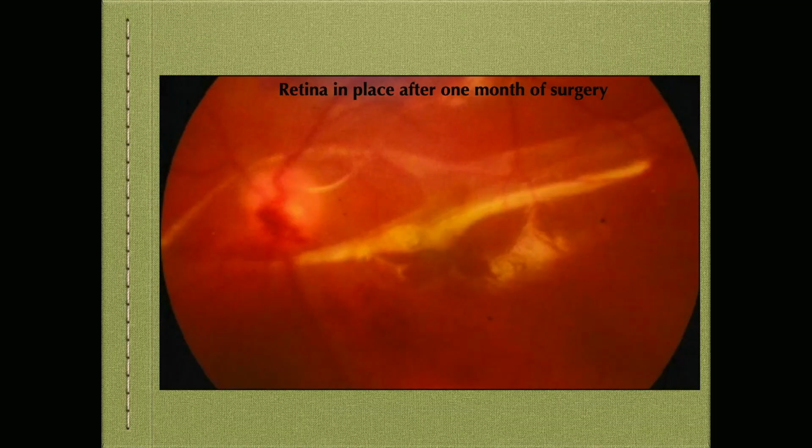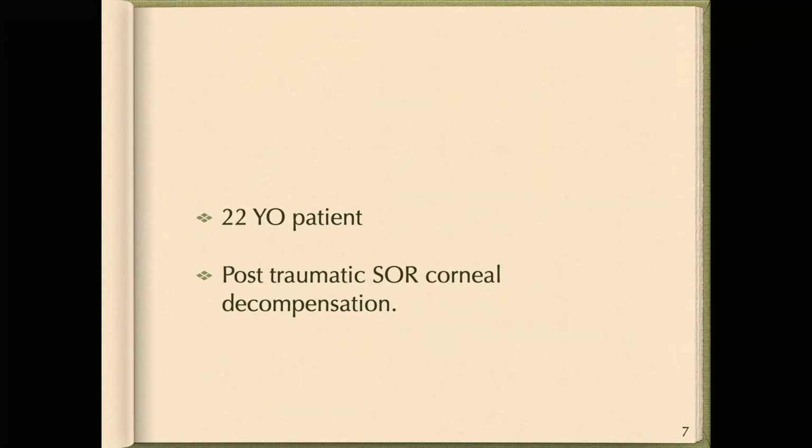And this is the retina in place after 1 month of surgery, taking these photos through the new button. The second case, a 22-year-old patient, has post-traumatic corneal decompensation after silicone oil removal.